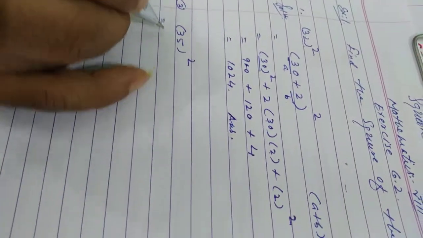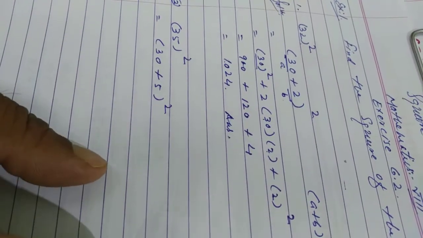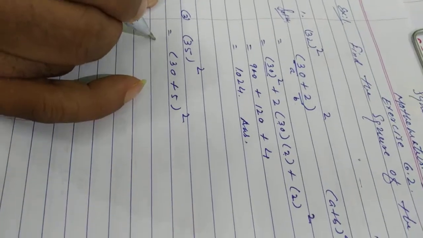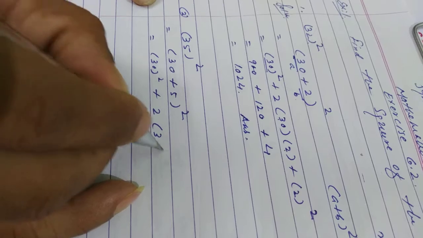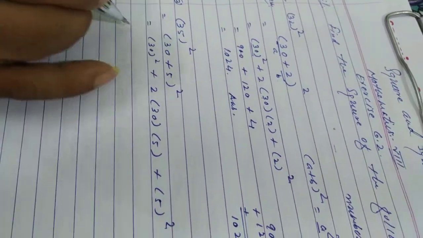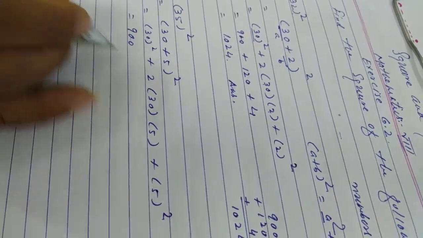Now see the second, 35 square is equal to (30 + 5) square, right? Is equal to 30 square plus 2 times 30 multiplied by 5 plus 5 square. So 3 3s are 9, how many 0s? 2.